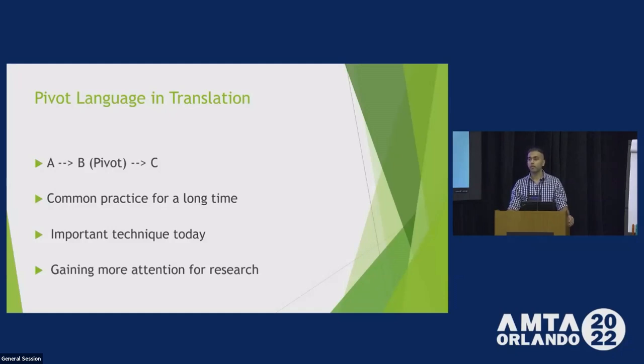Then with the new millennium and the advent of technology and digitalization, focus shifted to more areas of research, like audiovisual translation, also machine translation, of course. The use of pivot language is robust, and there is research on that. Also, most recently, there has been research on video game localization using pivot language.